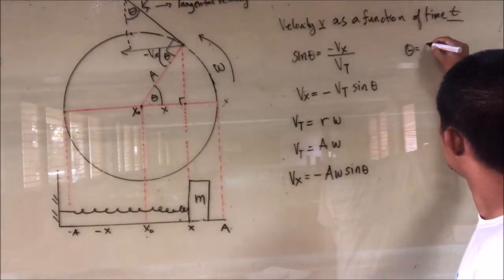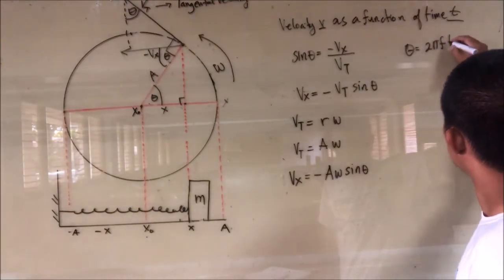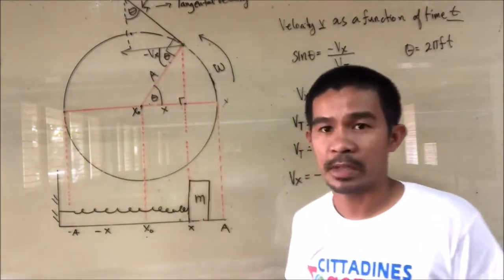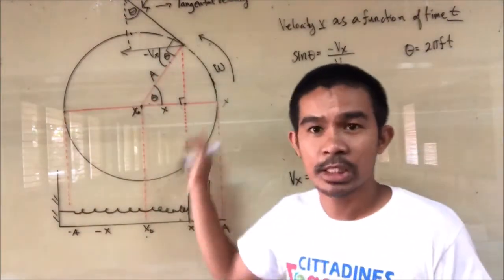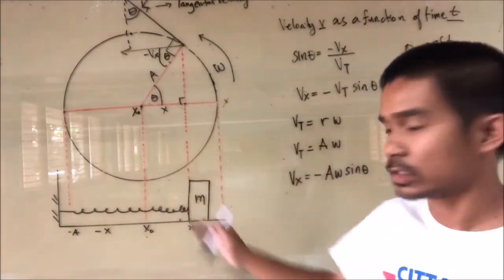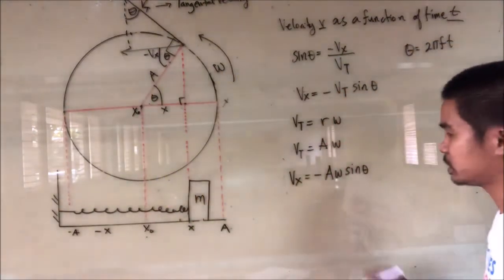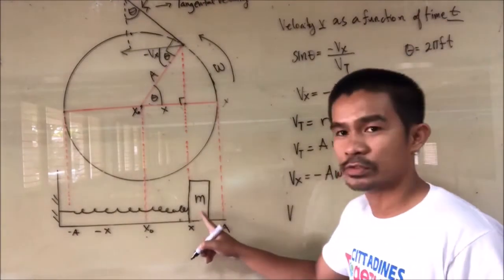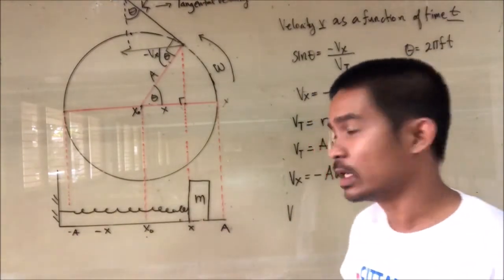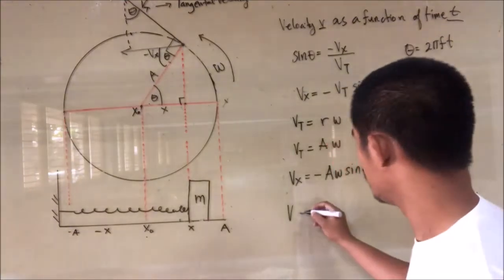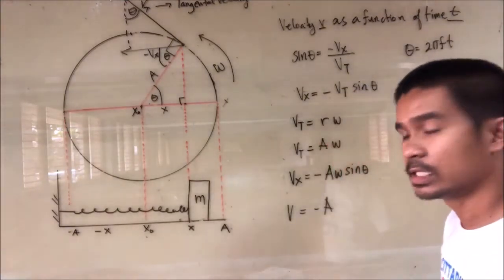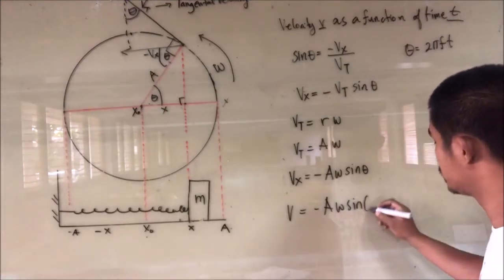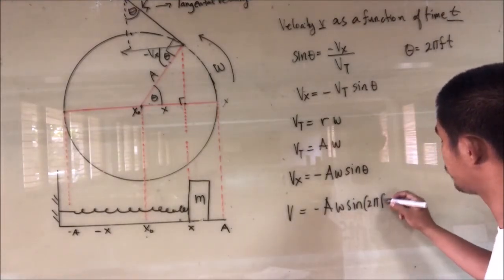Theta is 2 pi f t, which is equivalent to the angular displacement of this rotating object. So the speed or velocity of this object moving in simple harmonic motion will be negative A omega sine of 2 pi f t.